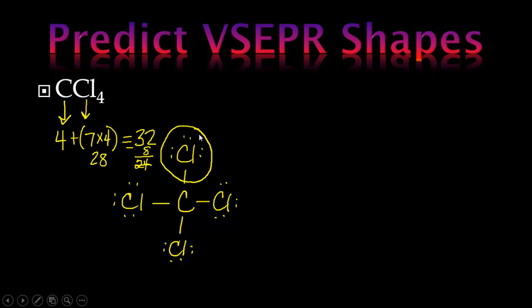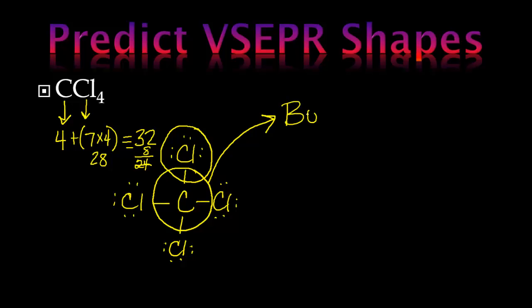Well, since all the Cl's are the same, I'm just going to look at the 1, and that's an octet. And then my carbon, my central atom, has 2, 4, 6, 8. So it's got its octet, and everything is happy again. So again, off of our central atom only, we're going to look at bonds and pairs.